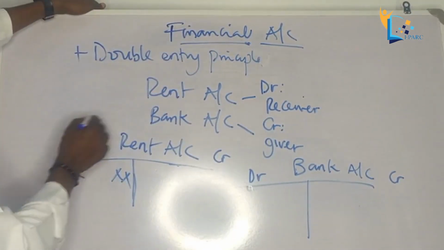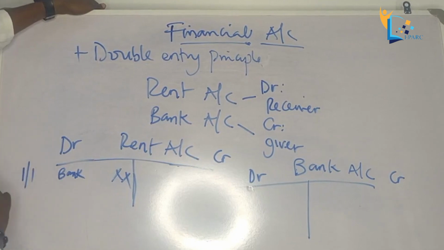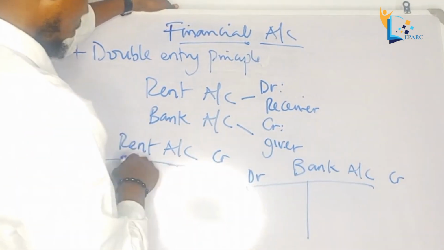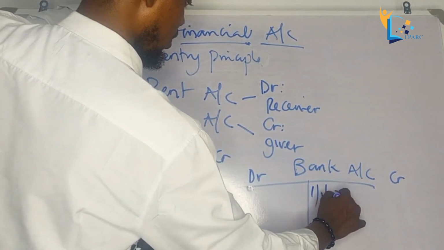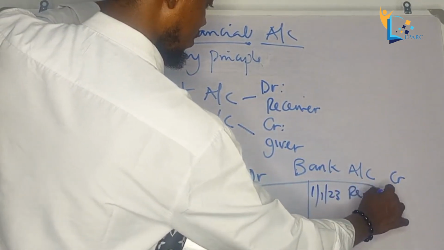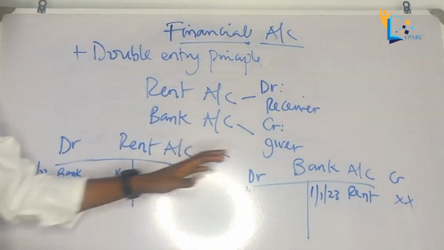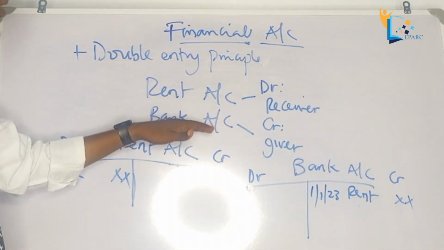Let's put our date here. Let's assume 1st of January 2023. So you come to the bank account, and the particulars here will now be rent, 1st of January 2023, rent, and then the amount. This is a typical example of what I'm talking about. You identify the two accounts involved, rent account and bank account.